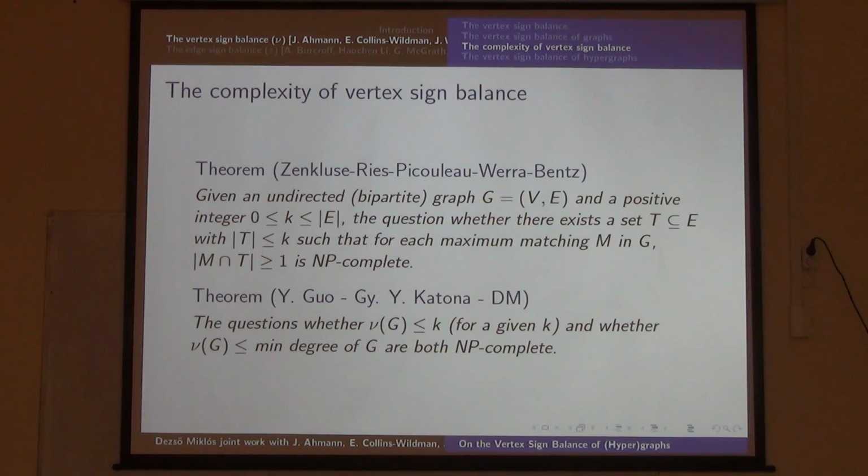So I mean, our result is not very powerful. The previous one is very powerful, and it's not very difficult to reach the second theorem from the one. So that basically is the status of the vertex sign balance as far as we know right now.